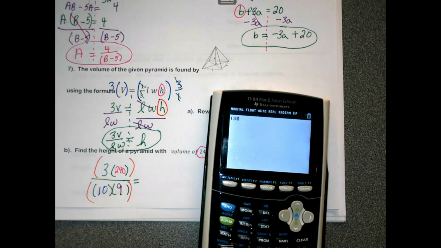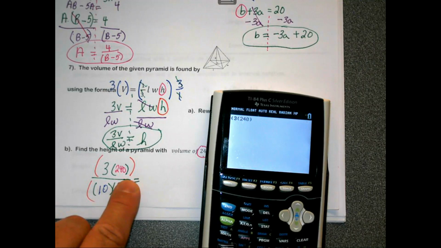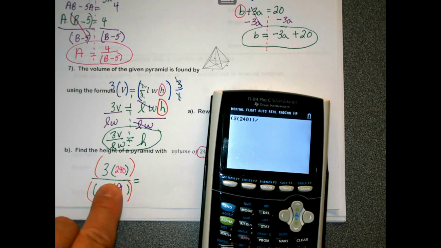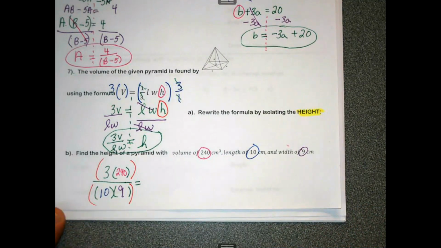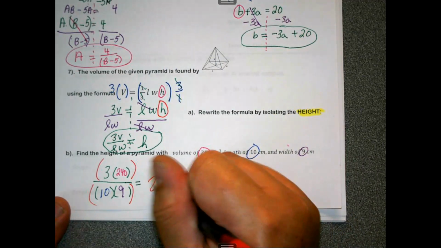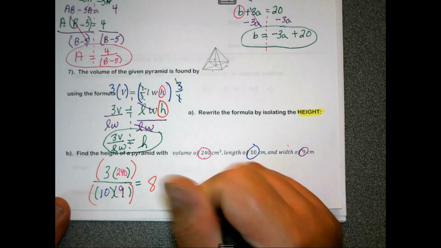So I have 3 times 240, divided by parenthesis 10, close parenthesis, another set, 9. The answer is 8. So the height is 8 what? Centimeters, right?